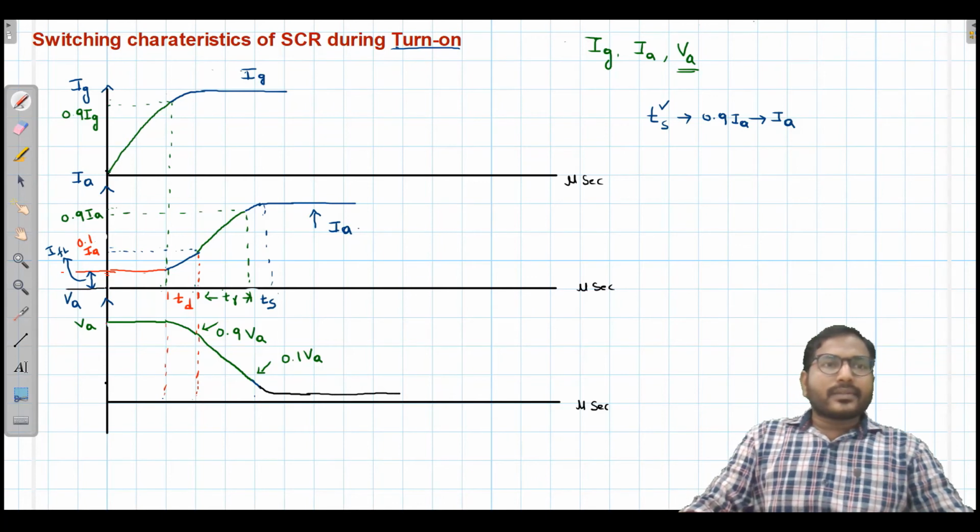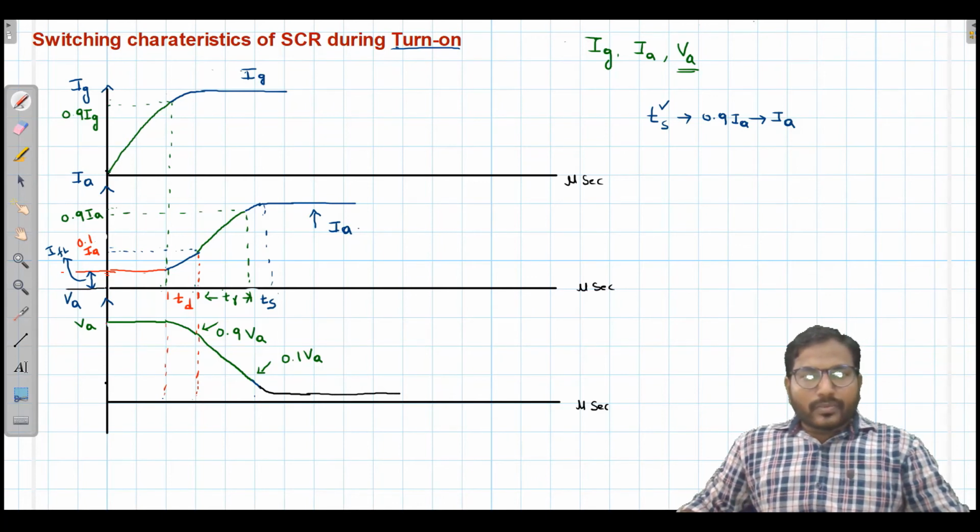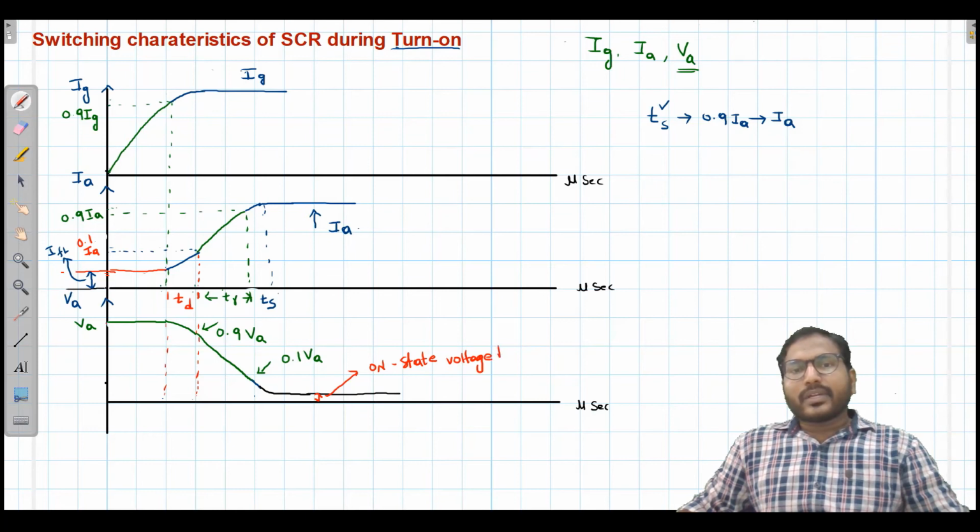Now this vertical gap is the SCR on state voltage drop.